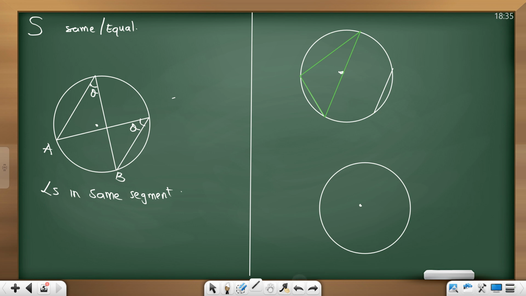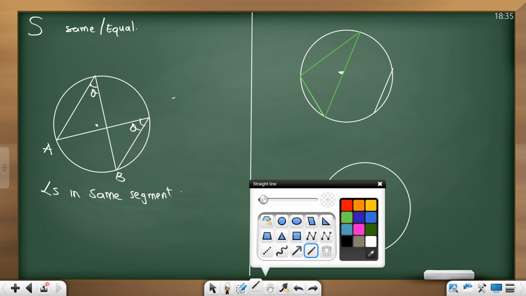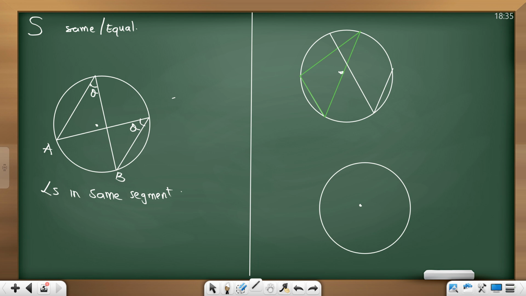If those chords are equal, then those angles will also be equal. What's the theorem here? Equal chords subtend equal angles.